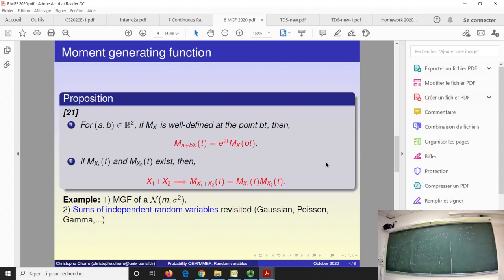What have we already proved together in list 3 or 4, I don't remember? What is the distribution of X1 plus X2?